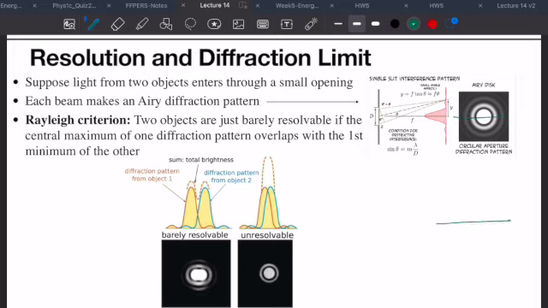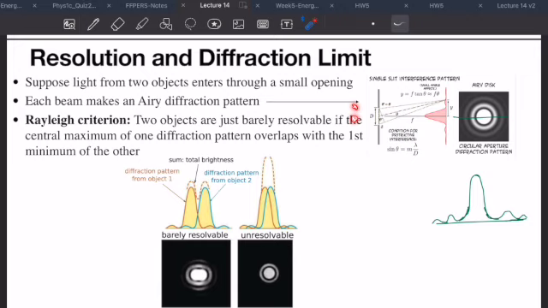It has your central peak, and then let's try to draw this a little more carefully. This thing hits a minimum, then we have our next peak, hits a minimum again, and then a smaller peak, etc.